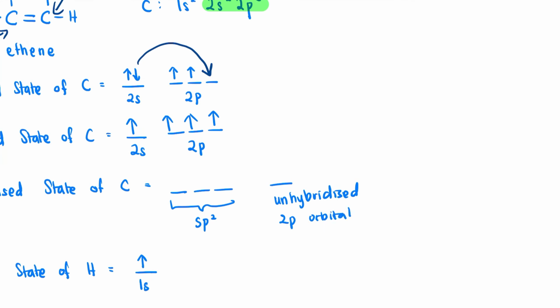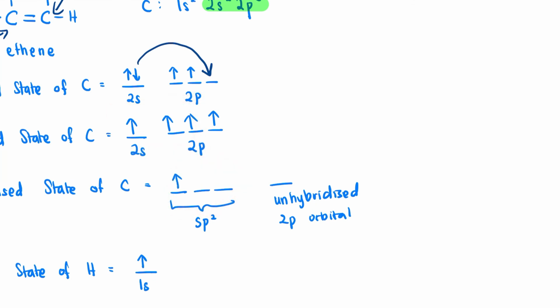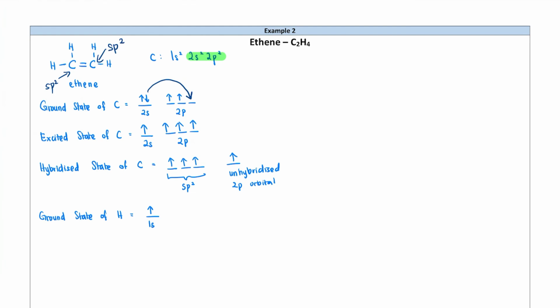So elektron nak isi dalam ni ikut yang the first 3 dekat atas ni lah. So unpaired, unpaired, unpaired. But this time kita punya unhybridized 2p orbital kita ada elektron. So previously in our unhybridized 2p orbital there is no electron. So no electron tak ada apa-apa maksud. Bila dia ada elektron macam ni, dia ada maksud dia.